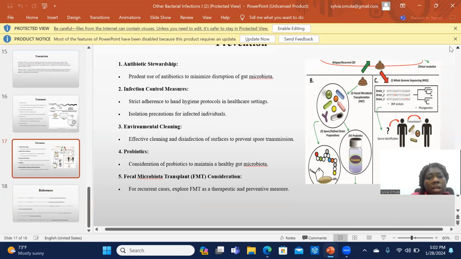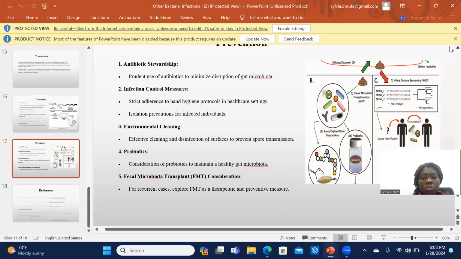Prevention. Antibiotic stewardship: prudent use of antibiotics to minimize disruption of gut microbiota. Infection control measures: strict hand hygiene protocols in healthcare settings, and isolation precautions for infected individuals. Environmental cleaning: effective cleaning and disinfection of surfaces to prevent spore transmission.